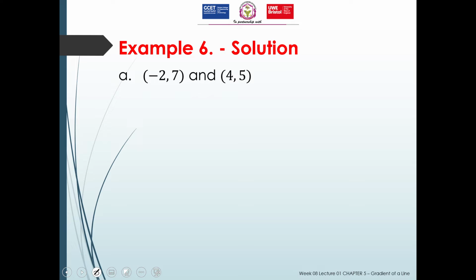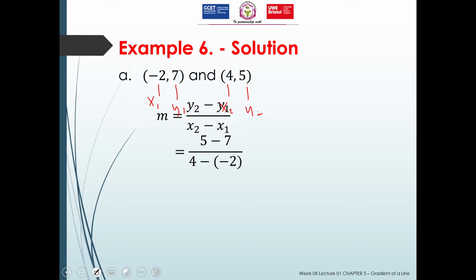If we are given -2, 7 and 4, 5, this will be our x1, this will be our y1, this will be our x2, this will be our y2. So the formula says m is equal to y2 minus y1 over x2 minus x1. Just plug in the values. What is your y2?